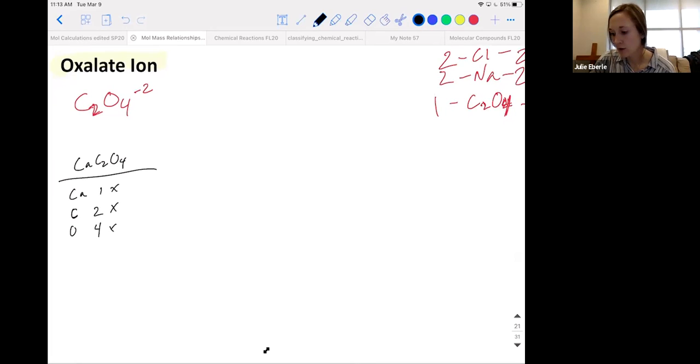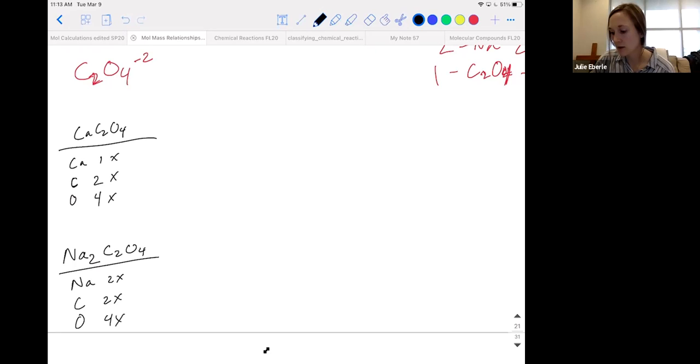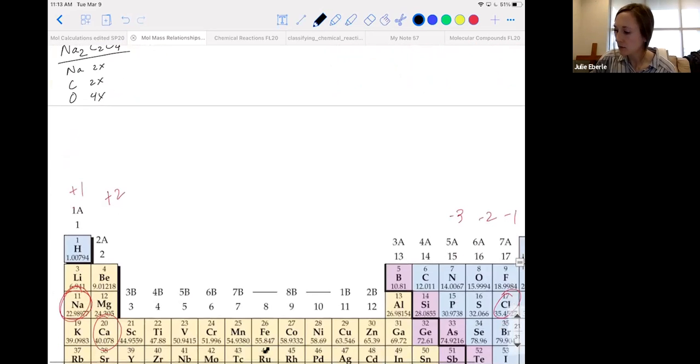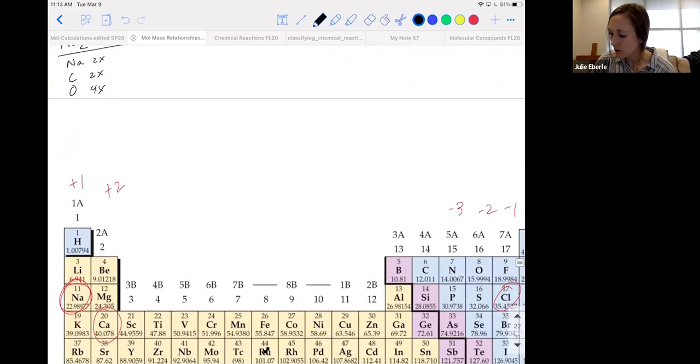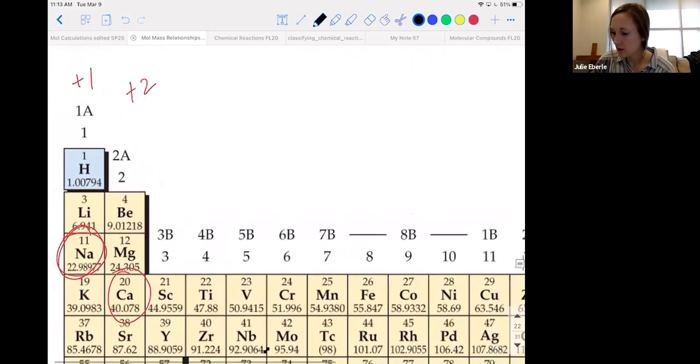Oxygen, I got 4, so I'll do 4 times the mass of oxygen. Okay. And then we also have sodium, Na2C2O4. We're going to calculate the molar mass of this one. So we got sodium, 2 times the mass of sodium, carbon, 2 times the mass of the carbons, oxygen, 4 times the mass of the oxygens. All right, so we need a periodic table, which I think is the slide below us. Calcium is, we have it circled, 40.078.